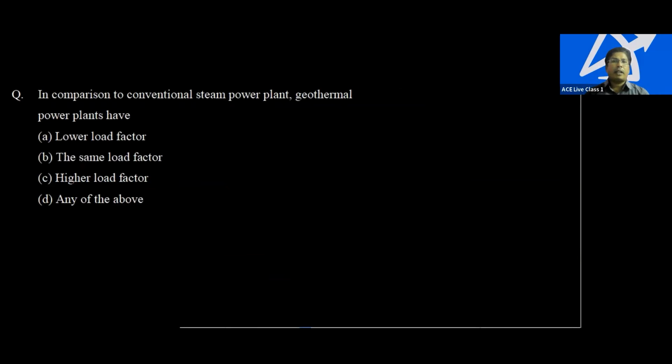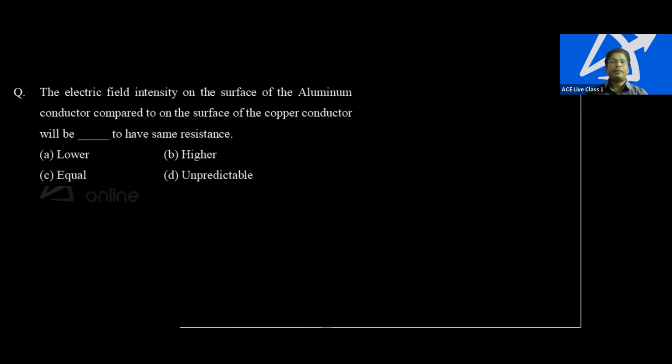In comparison to conventional steam power plants, geothermal power plants have lower load factor, same load factor, higher load factor, or any of the above? The geothermal power plants compared to steam power plants always have a high value of the load factor. They are more economical also compared to the steam power plants.